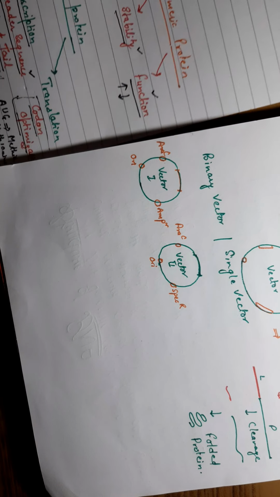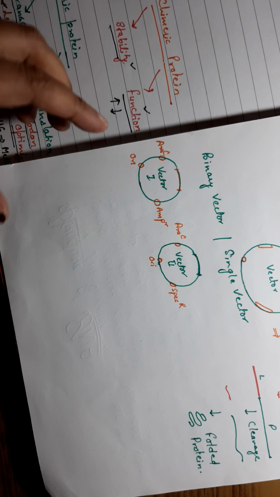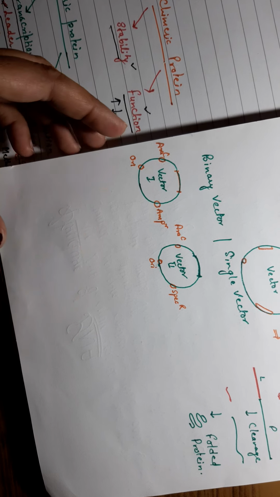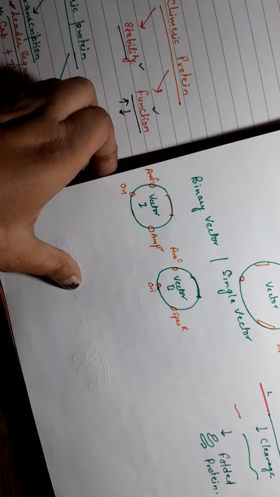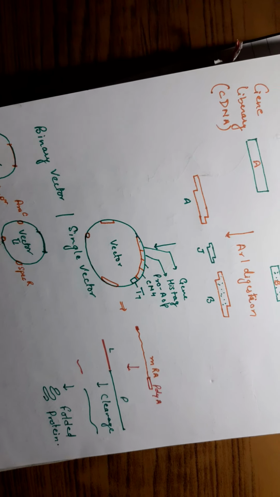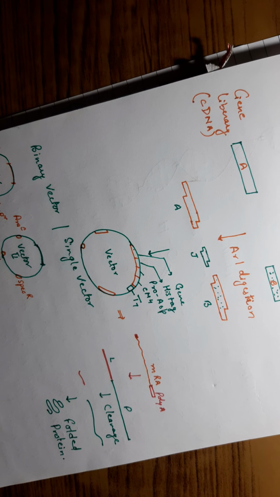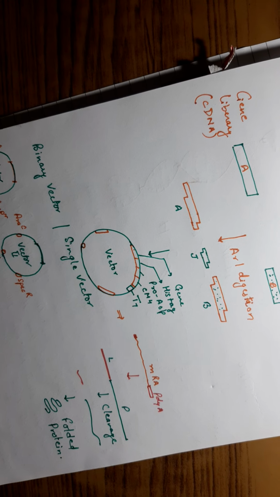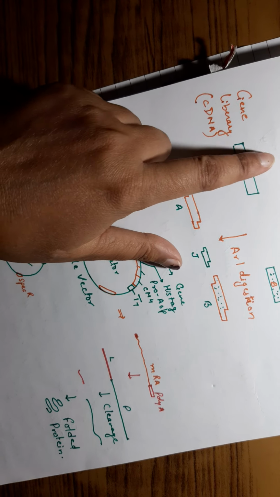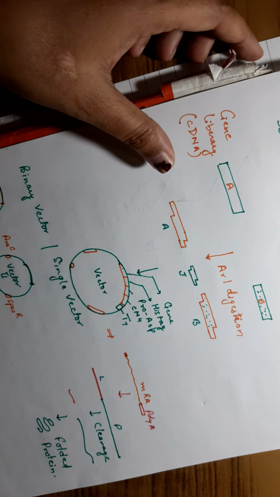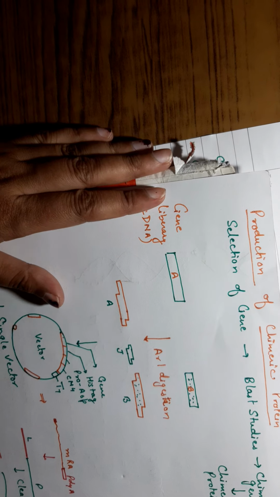Now, how can we produce a chimeric protein? What are the steps taken for the production of chimeric protein? First of all, we must select a gene. We must select a gene from a gene library.